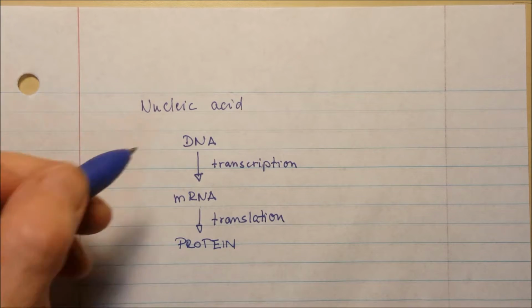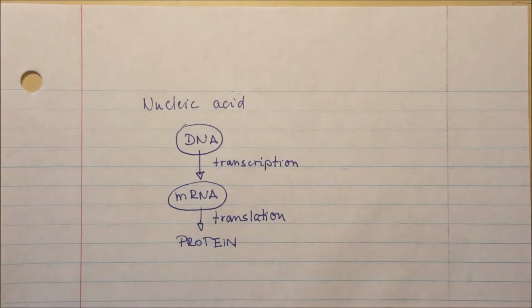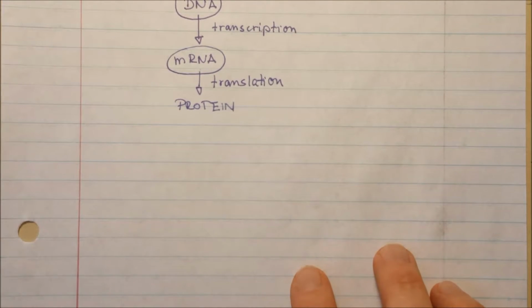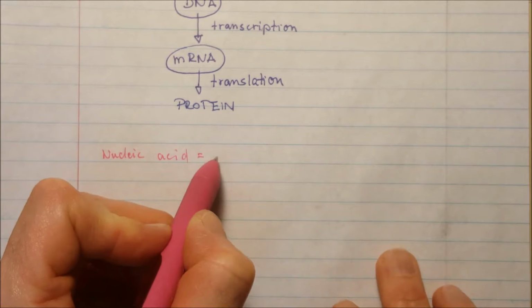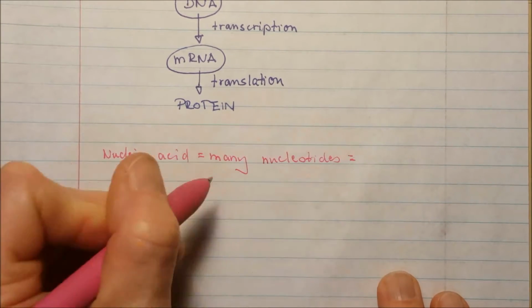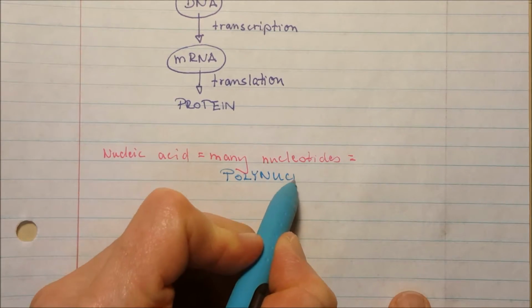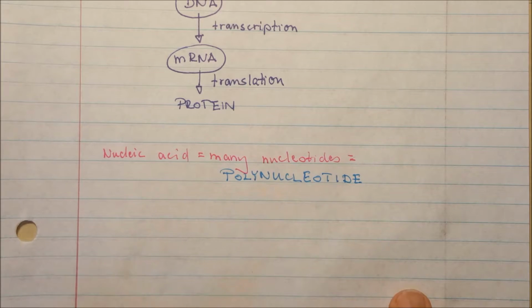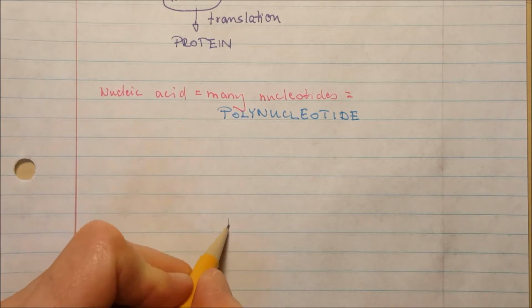The nucleic acids, we are going to talk about the DNA and RNA. Nucleic acid is made up of many nucleotides, so we can call it polynucleotide. The general structure for the nucleotides.